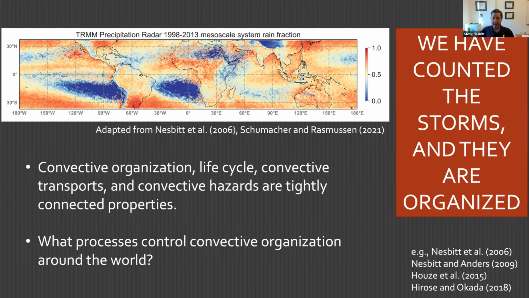Now, we've done a lot of work over the years, along with other scientists, including producing amazing videos now from the GPM IMERG products, looking at the morphology of different convective systems around the world. But this region in subtropical South America stands out not only from its perspective of having very organized convection, but it also turns out to be some of the most vertically intense convection.